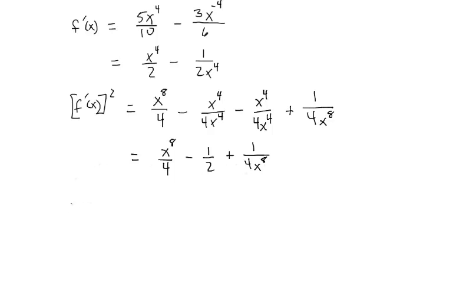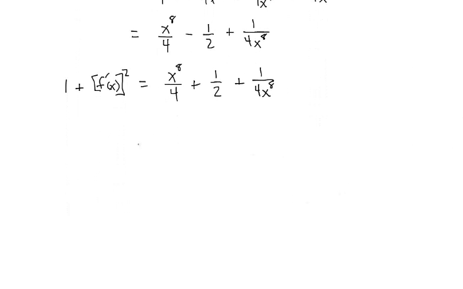And now I want to add 1 to it, so I have 1 plus f prime of x squared. And when we add 1 to this, it's going to make our center term positive 1/2 instead of negative 1/2. So I have x to the eighth over 4 plus 1/2 plus 1 over 4x to the eighth.